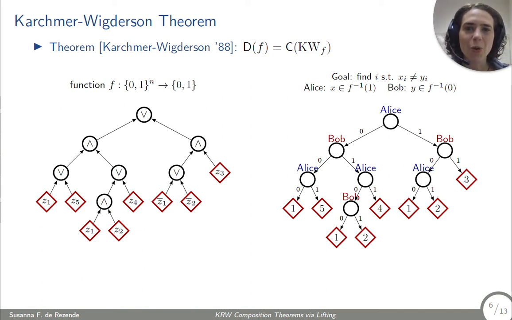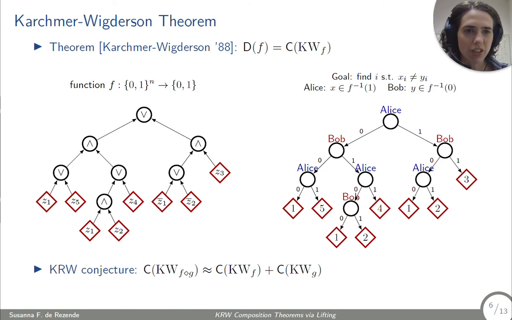Okay, so with this connection in mind, we can rewrite the KRW conjecture in terms of communication. What the KRW conjecture says is that the communication required to solve the KW game on the composed function is approximately equal to the communication required for solving the KW game on F plus the communication required for solving the KW game on G. From now on, we're going to view the KRW conjecture from this communication perspective.